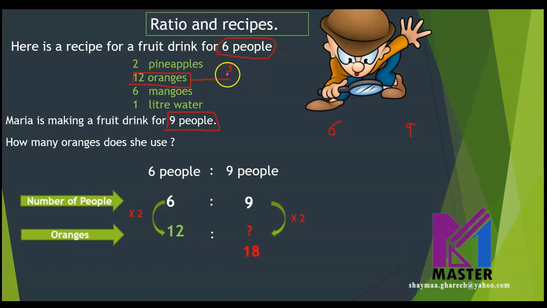So in case of 3 people, she will use half the amount, which is 6 oranges. So number 9 can be split into 6 and 3. We know if she wants to serve 6 people, she will use 12 oranges. And 3 people is half of the 6 people, which means half the amount, which is 6 oranges. Then in total, she will use 18 oranges. Is it clear?